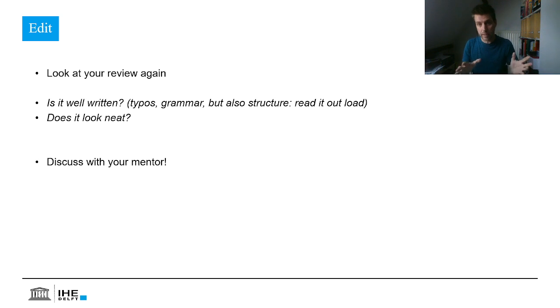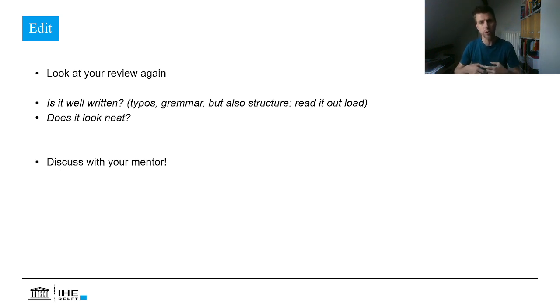Now, it is more or less finished, and now comes maybe the hardest part of it, the editing part. So look back at your literature review again. Ask yourself, is it well written? Of course, check the typos and the grammar, but also think about the structure.